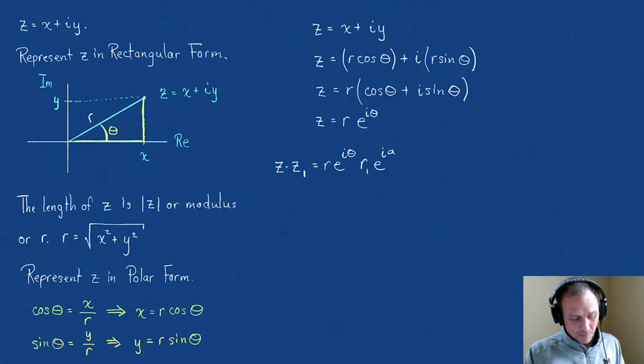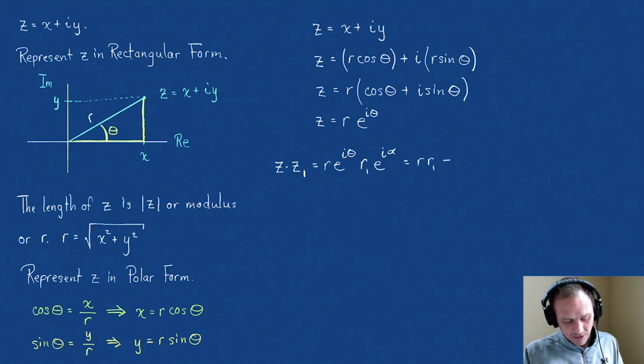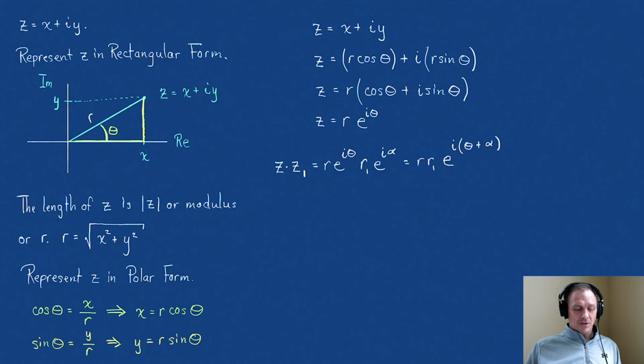If I want to multiply those, this becomes r times r1, and all you have to do is add the exponents. So this becomes e to the i, factoring out the i, theta plus alpha. Wow, that makes multiplying complex numbers so simple.